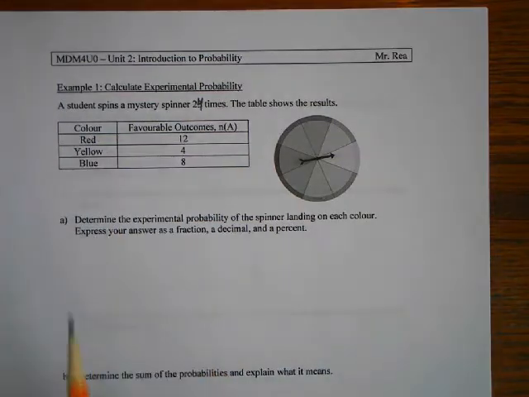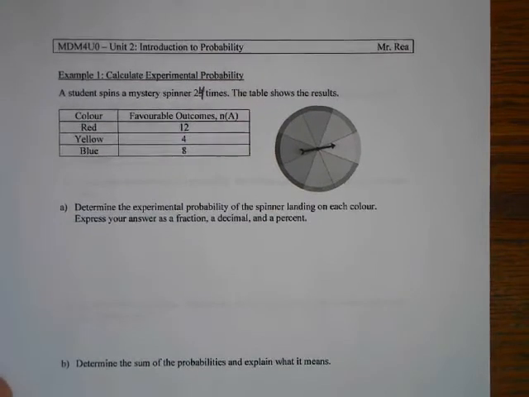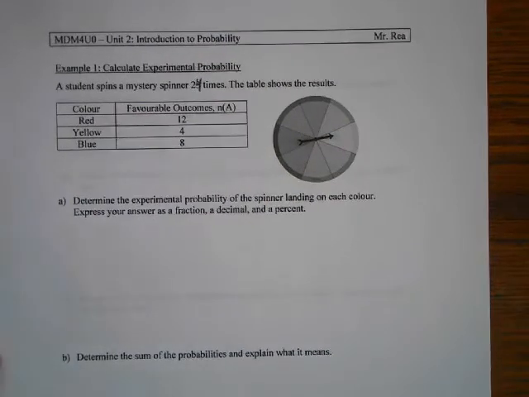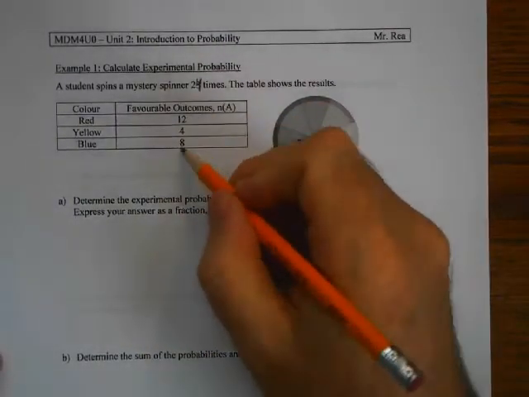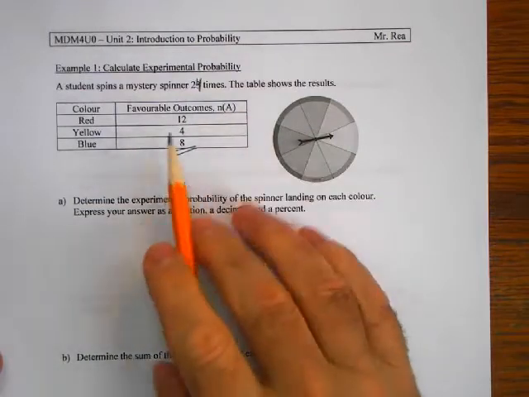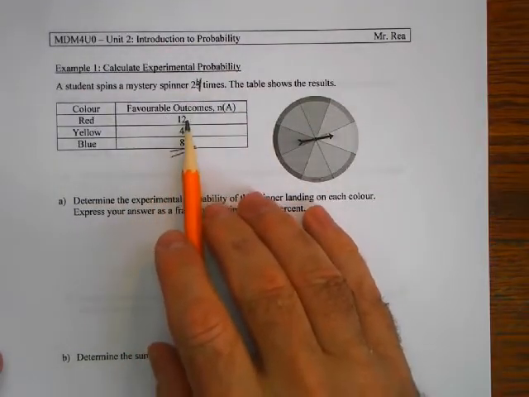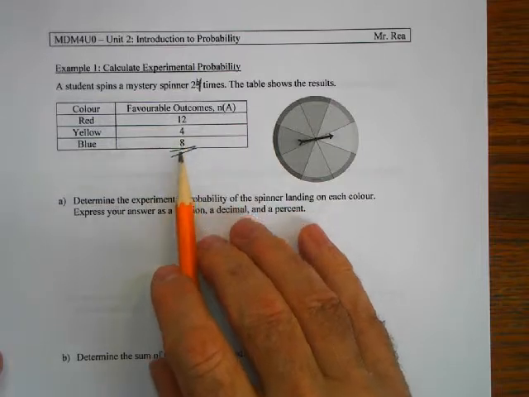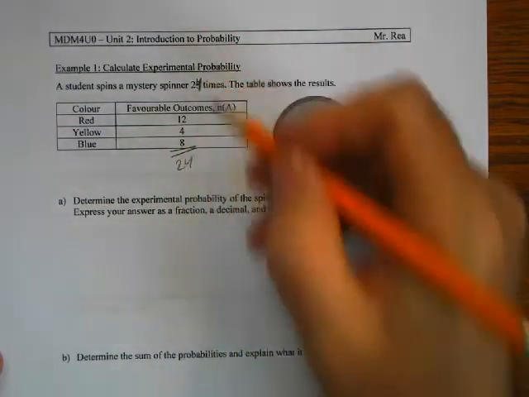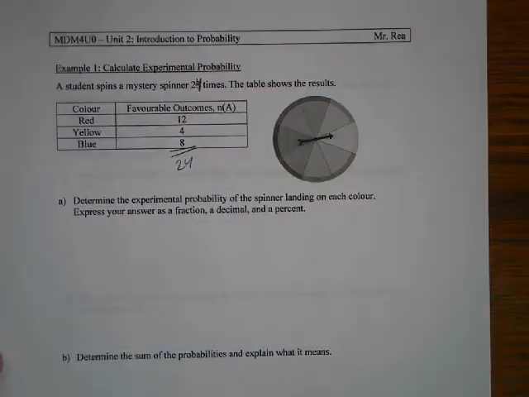Now it says determine the experimental probability of the spin landing on each color. Express your answer as a fraction, a decimal, and a percent. So the first thing we do is add up the numbers. These are basically the trials we did. The results add up to 24, which should match the number of times we spun it.